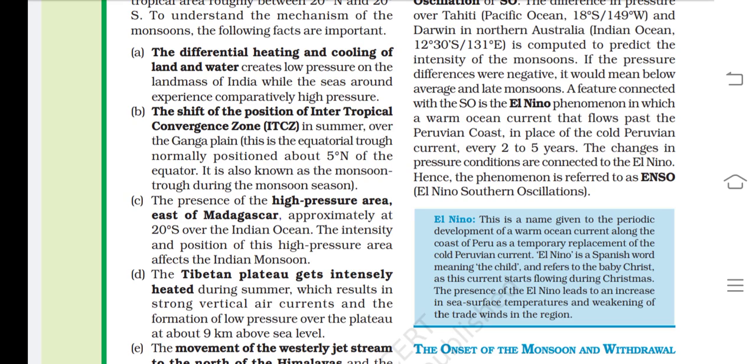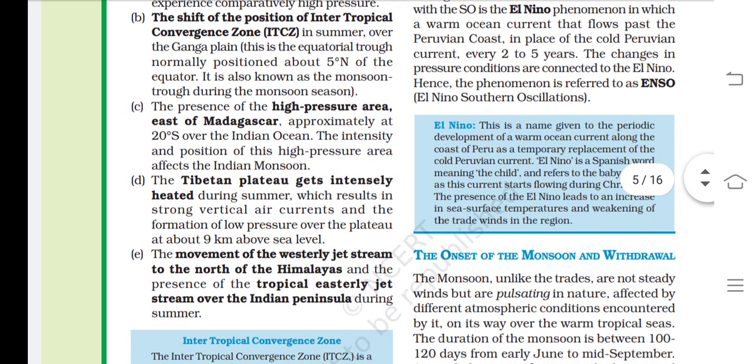The Tibetan plateau gets intensely heated during summer, which results in strong vertical air currents and the formation of low pressure over the plateau.